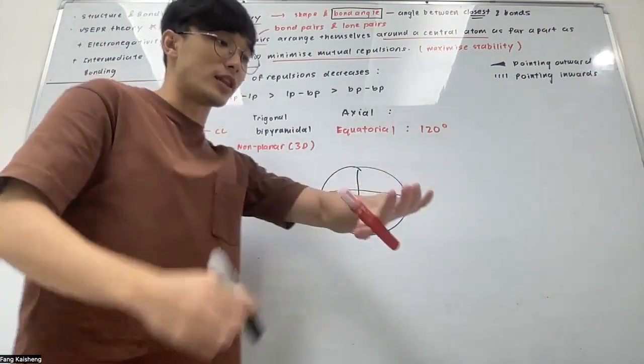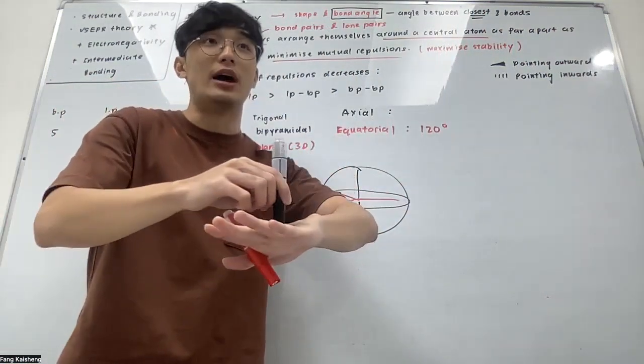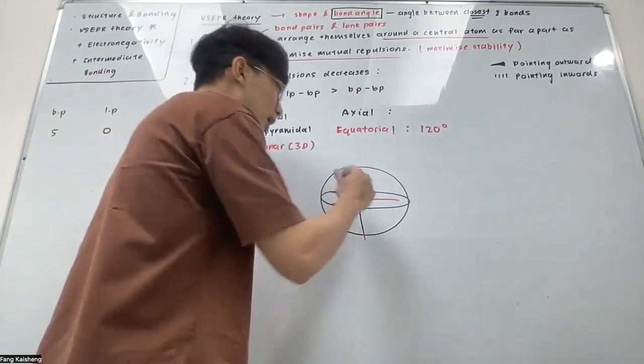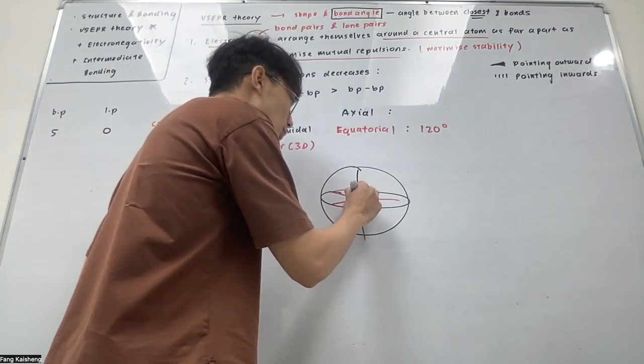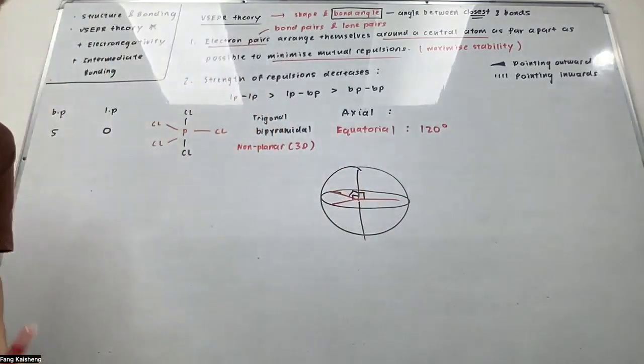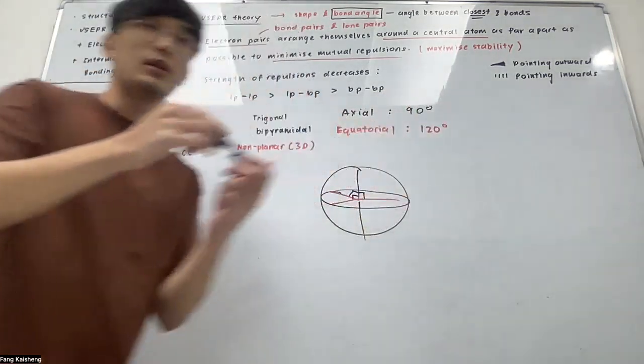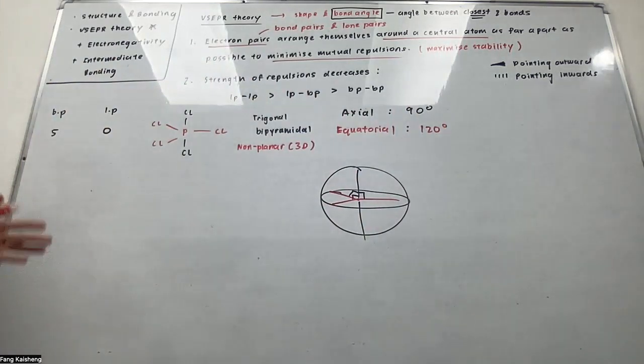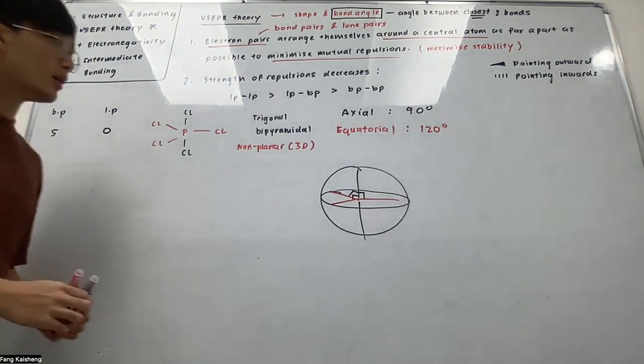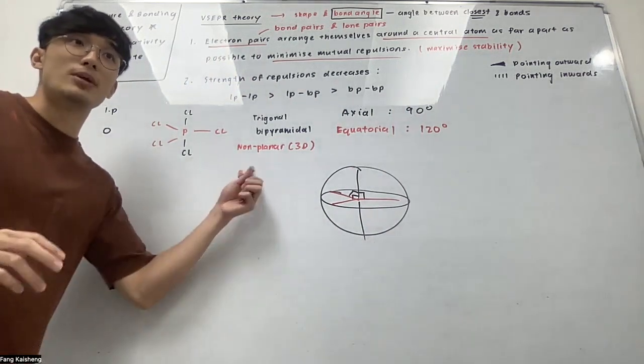The equator and the North Pole are perpendicular. So it's actually 90 degrees with respect to all three equatorial bonds. That's why axial is actually 90 degrees. Don't tell me 180; it's the next closest. So far, so good.